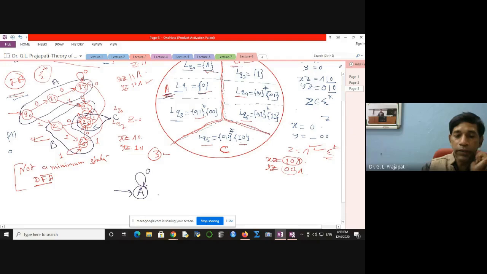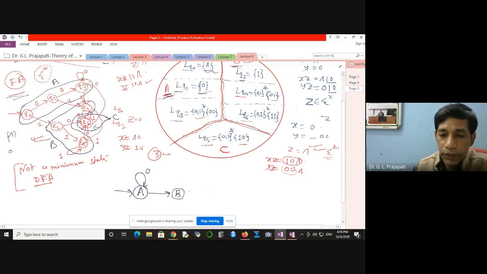Now if you are at A and you are given the input 1, you have seen that it is in the set LQ2. This comes in the equivalence class B. It means your FA should transit from this equivalence class to the equivalence class B.